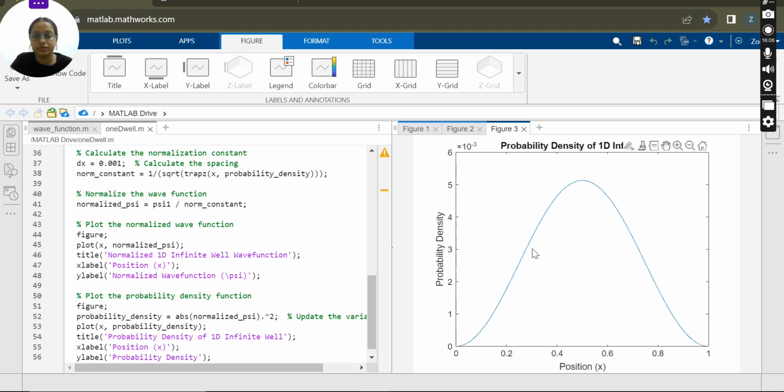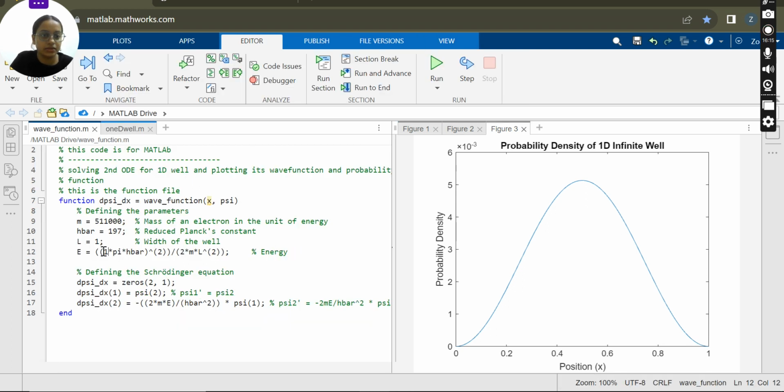This is the probability. We can see that the probability is maximum in the middle of the well. Now let's check for the first excited state, that is n equal to 2.